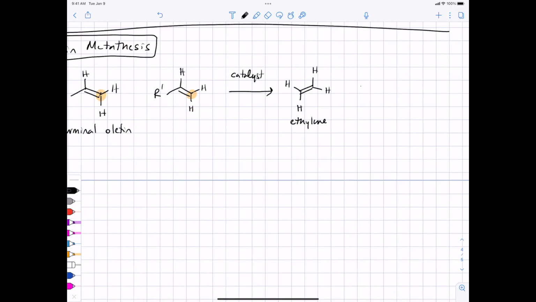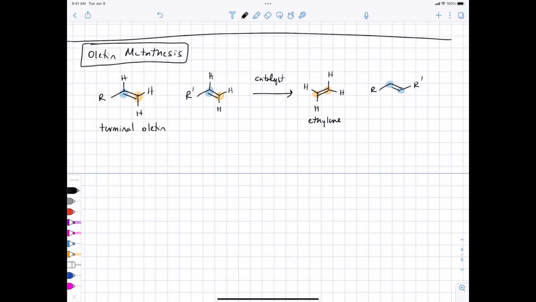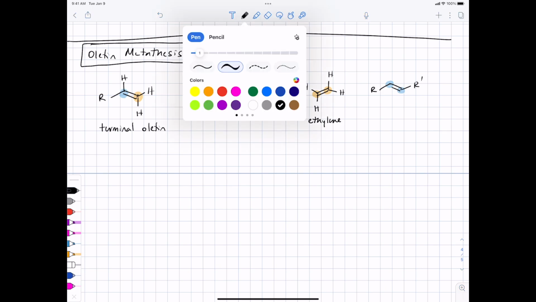And then the two internal carbons are going to end up attached to each other to give you this other product. This is going to be called cross metathesis.